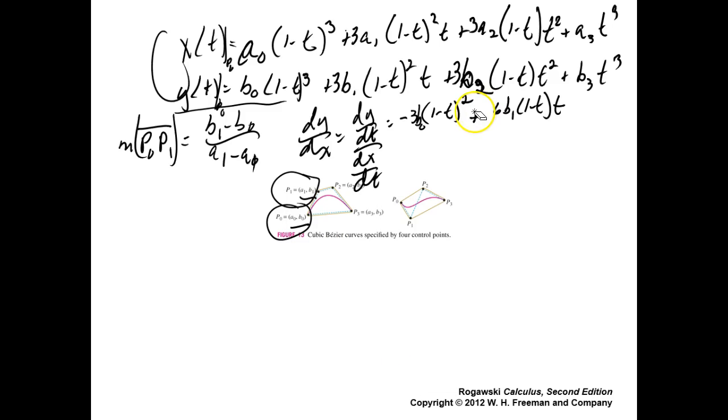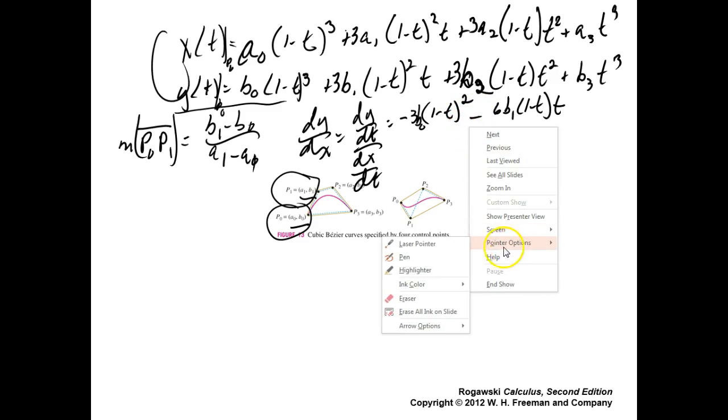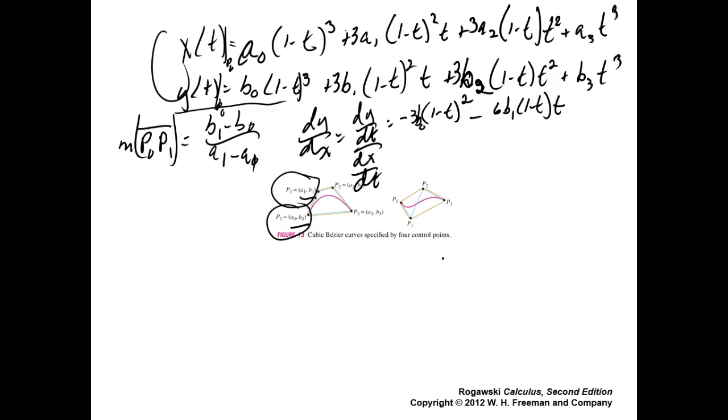I was trying not to do that to you. Because of the chain rule there, we had another minus sign in there. So that was when we did this one times that, derivative of this times that, plus this times derivative of that is just going to be 1. So that's just going to be a plus 3b1, 1 minus t squared, right?